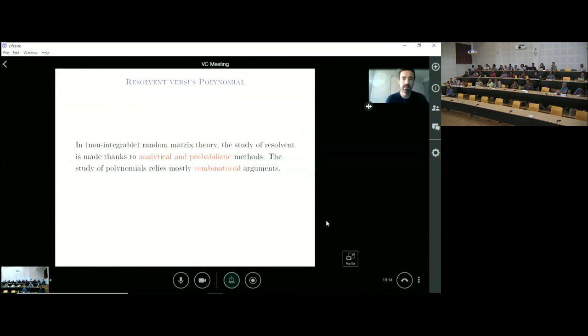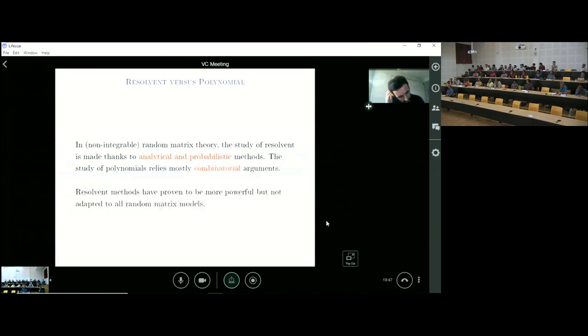In random matrix theory, when you deal with a non-integrable system, meaning that you do not have direct access to the law of the eigenvalues, people have either studied resolvents or studied powers, like polynomials. The resolvent studies are made thanks to analytical and probabilistic methods, and polynomials, as we will see, rely more on combinatorial arguments.